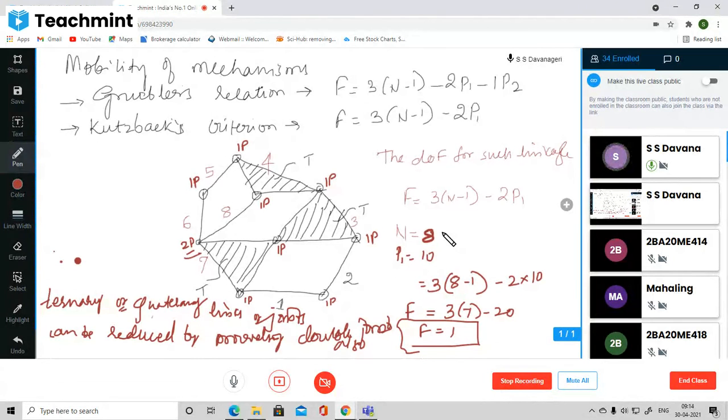Okay. So again, some methods have reduced the equation used to find out the degrees of freedom based on the number of loops which form in a kinematic chain. Let us look here.